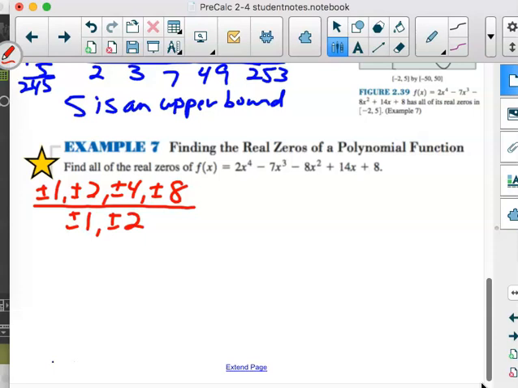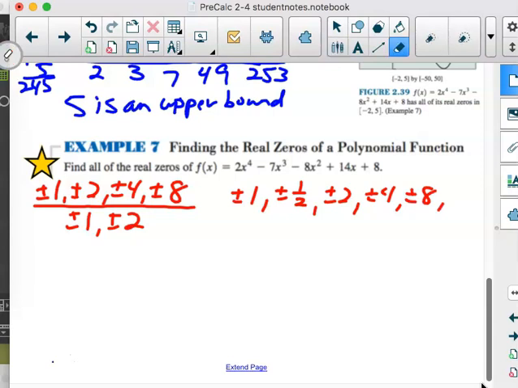It could be 1 over 1, could be 1 over 2, could be 2 over 1, could be 2 over 2, but that's 1, and we already have that one listed. Could be 4 over 1. Could be 4 over 2, but that's 2, and we already have plus or minus 2 listed. Could be 8 over 1. And it could be 8 over 2, but that's 4, and we already have that listed. So let me get that comma off of there. So those would be my possibles.